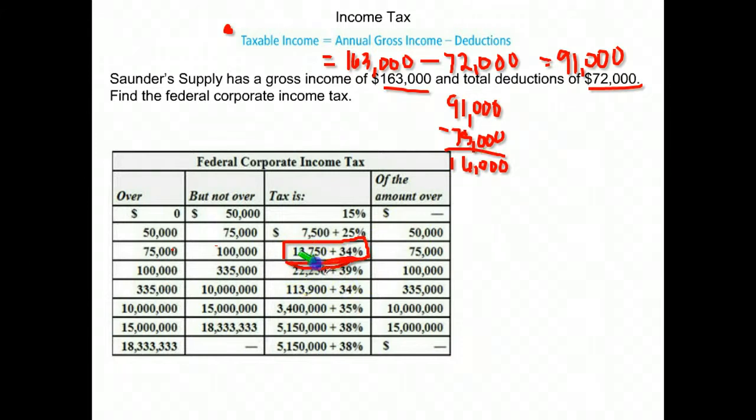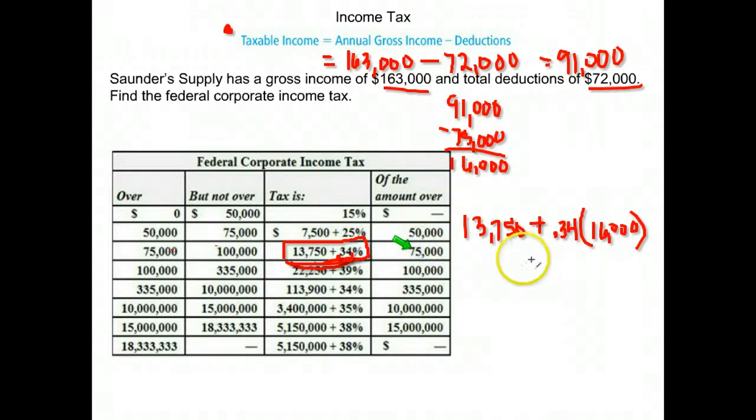So I have to pay $13,750 plus 34%, move the decimal 2 places to the left, get 0.34, 34% of the amount over, which was $16,000. So we have $13,750 plus 0.34 times 16,000. And again, that 16,000 came from the amount that I'm over 75,000.